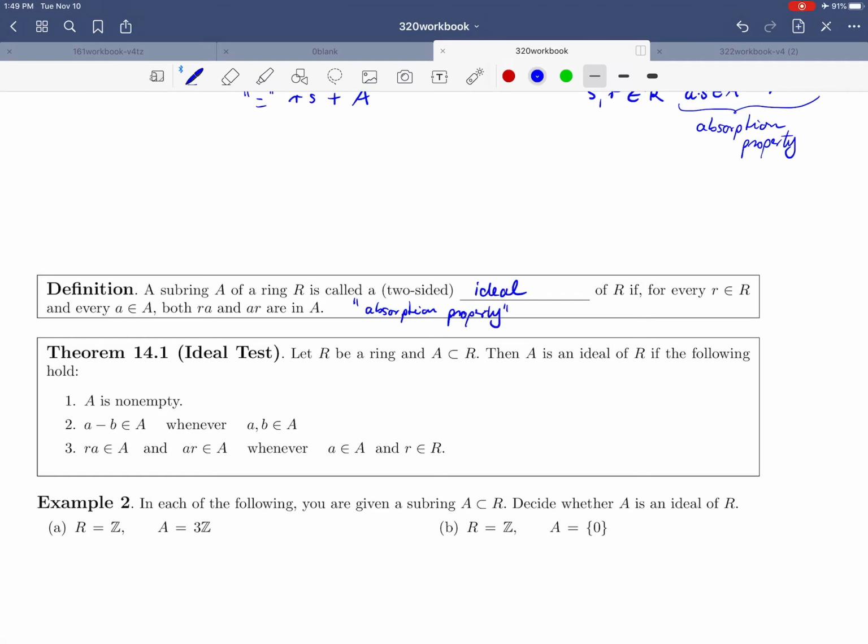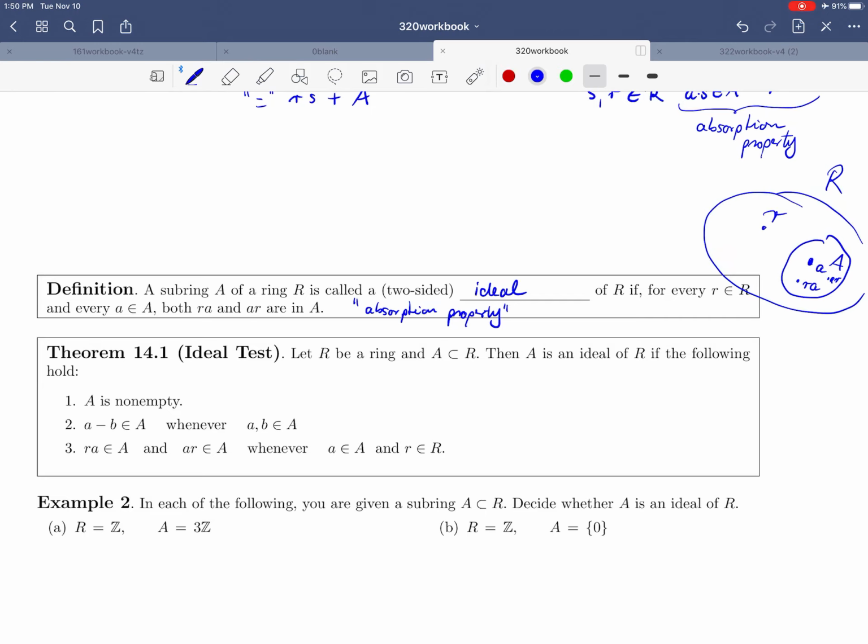And if you want a picture, here we have our ring R. In it, we have our subring A. And we have an element a over here and we have an element r over here. And if they get multiplied together, they get sucked into A. Anything that touches something in A gets sucked into A, the result.